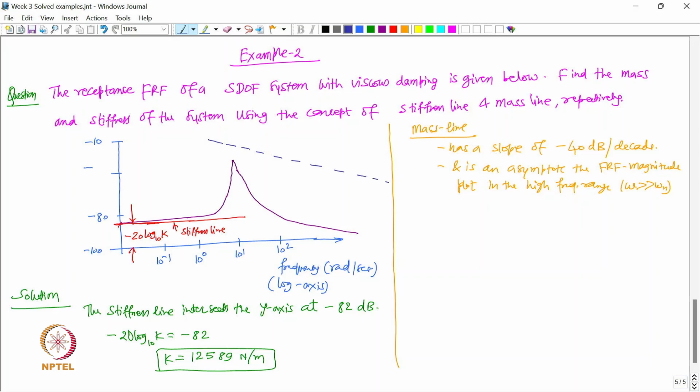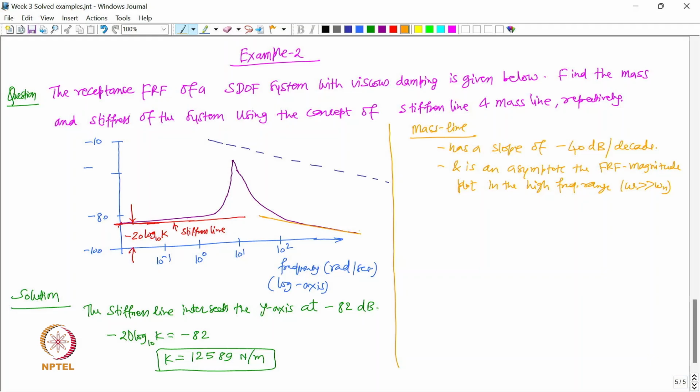Anywhere you can draw that line, the slope should be minus 40 dB per decade. Next, we should draw a line parallel to this line such that it is an asymptote to the FRF plot in the high frequency range.